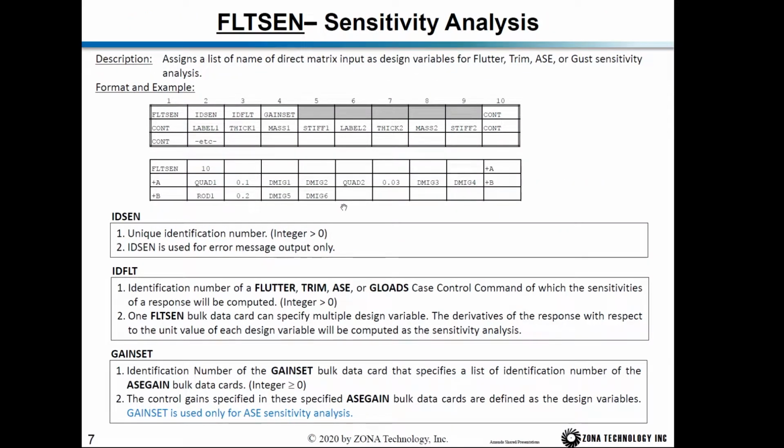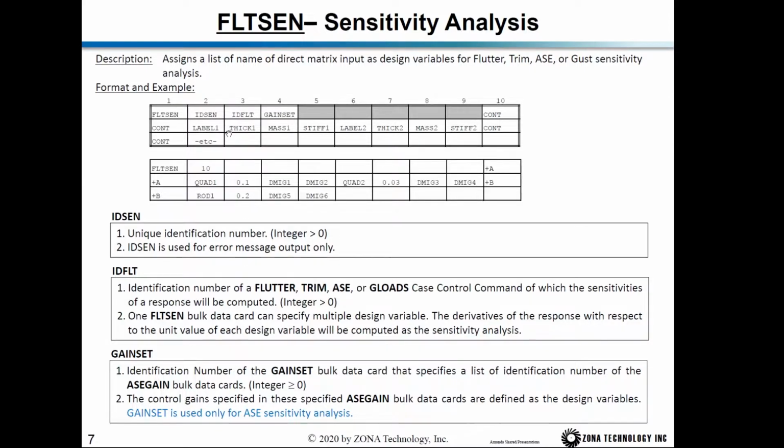With the flat card, you can perform sensitivity analysis of flutter, trim, ASC, and gust load. This one refers to a flutter card, and you can specify the ASC gain set. This one refers to a gain set. Both cards specify a list of IDs of the ASC gain, and then you can compute the sensitivity of the flutter frequency and the flutter speed with respect to this gain.